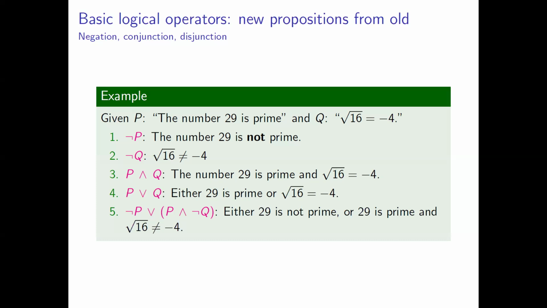For clarity, we add the word either before the first statement in the disjunction and a comma before the connective or. Thus, we write either the number 29 is not prime, comma, or the number 29 is prime and the principal square root of 16 is not equal to -4.